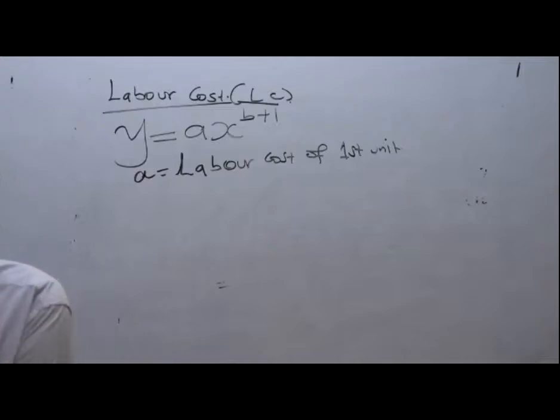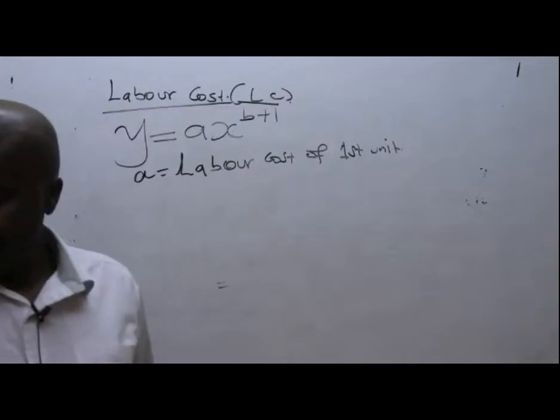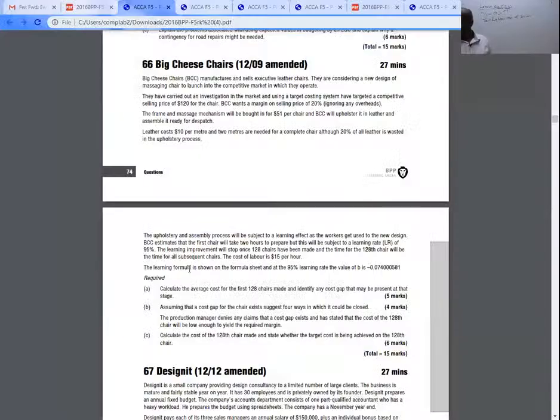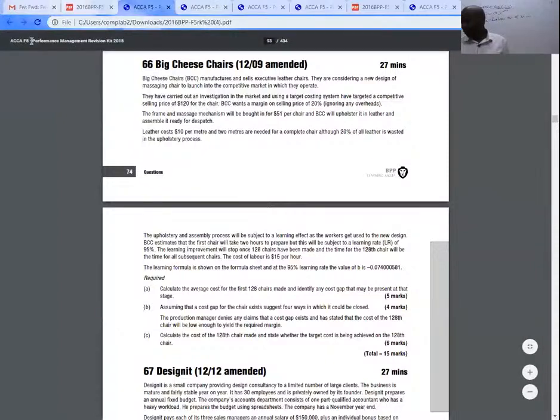What have they told us? They have told us here for the first unit, BCC estimates that the first chair will take 2 hours to prepare. So labor hours, 2 hours.